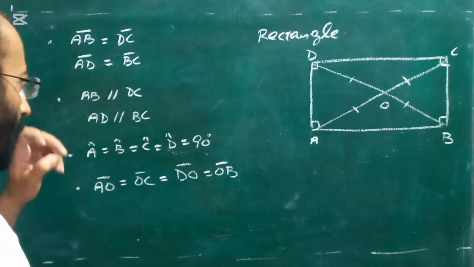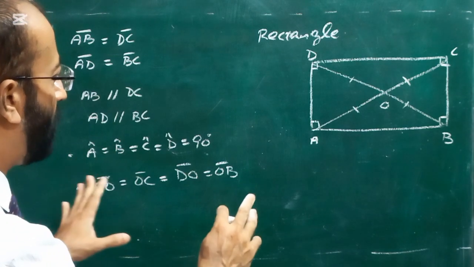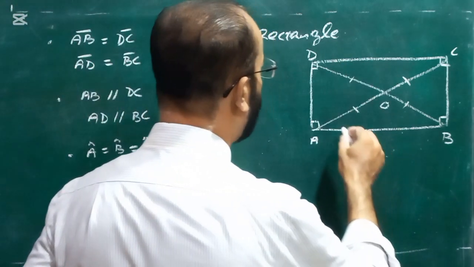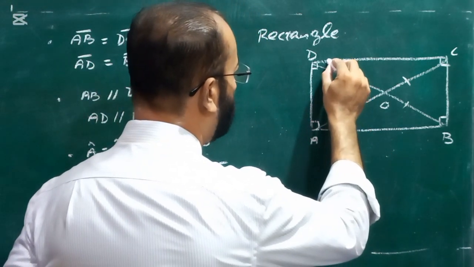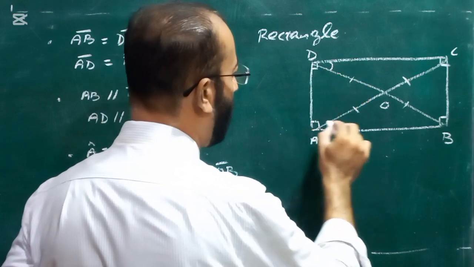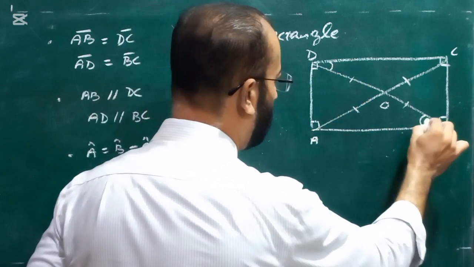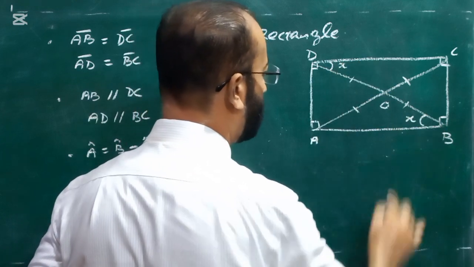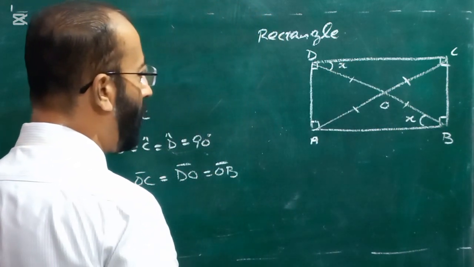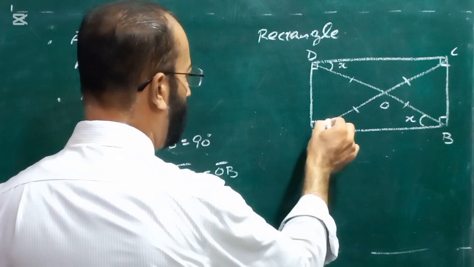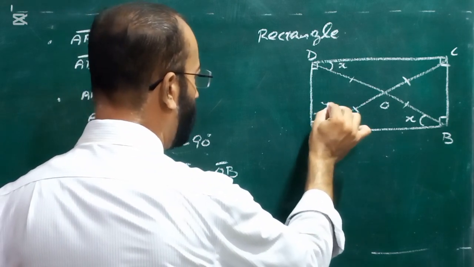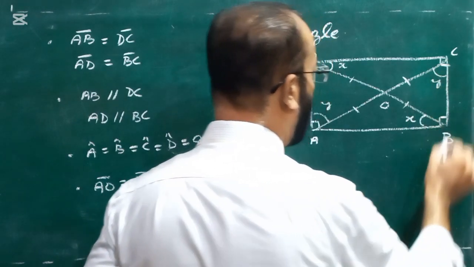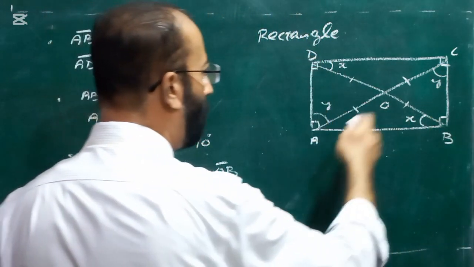Okay, the next property, a lot of properties will be applied in this figure. Because opposite sides are parallel, look now, this angle will be equal to this angle because of the alternate angles. Likewise, this angle will be equal to this angle, again by the property of alternate angles because opposite sides are parallel.